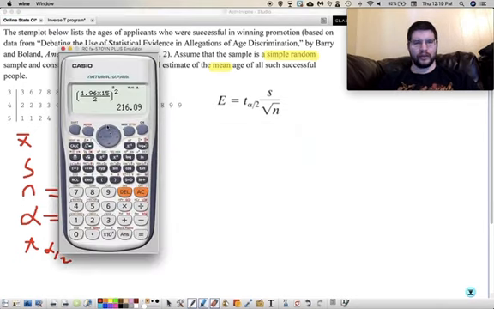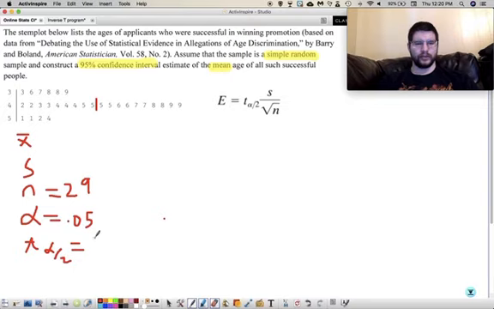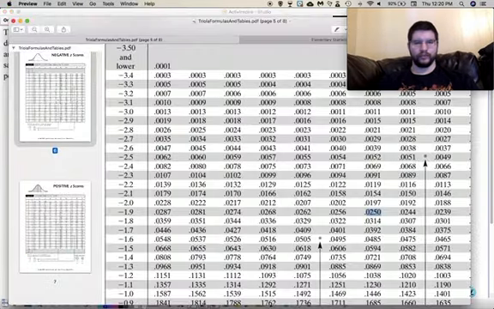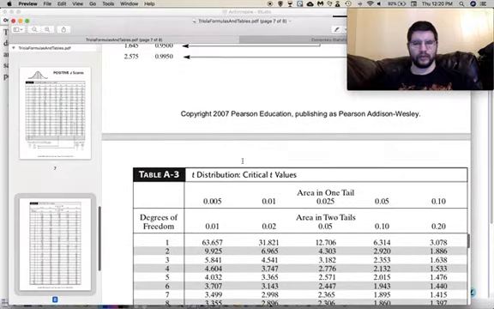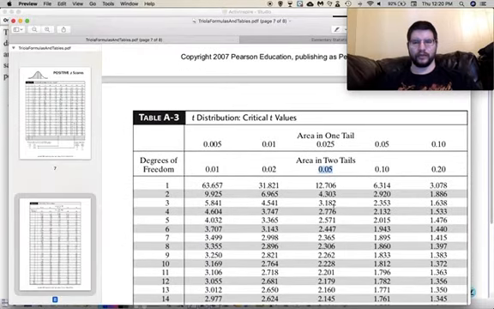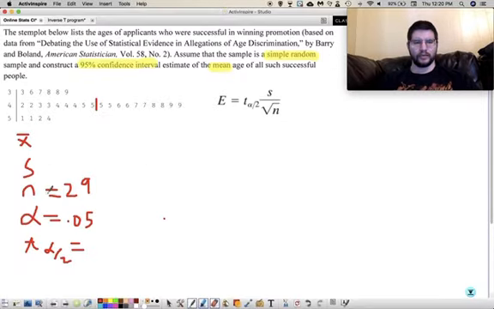Well, remember on the Casio, there's no inverse t. And naturally on the TI-83 there isn't either, but we wrote that program. So what you got to do is go to the chart. This is two-tail 0.05. n is 29, that means our degrees of freedom is 28. Remember, degrees of freedom is n minus 1.